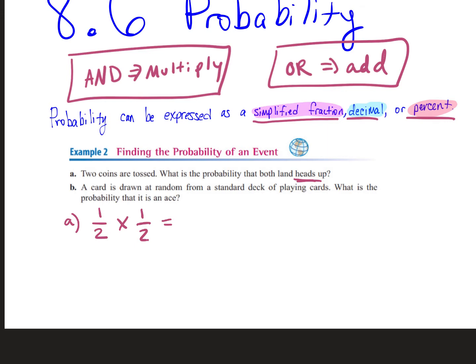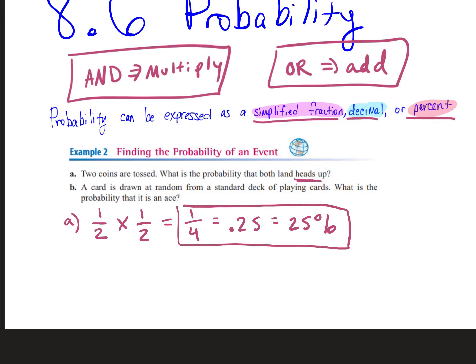So what is 1/2 times 1/2? 1/4. 1/4 can be written as what in a decimal? 0.25. And as a percentage, 25%. So these are three answers for A.